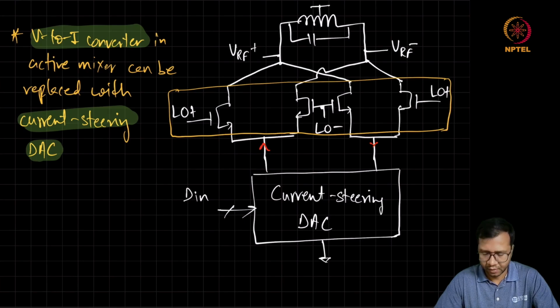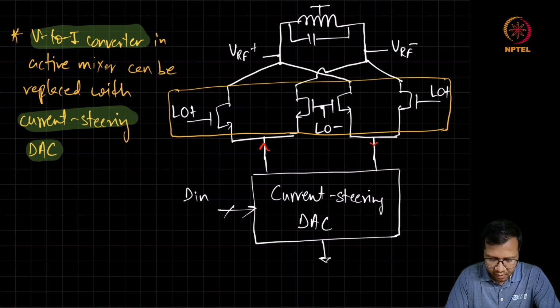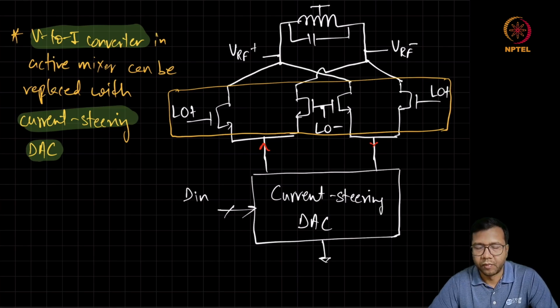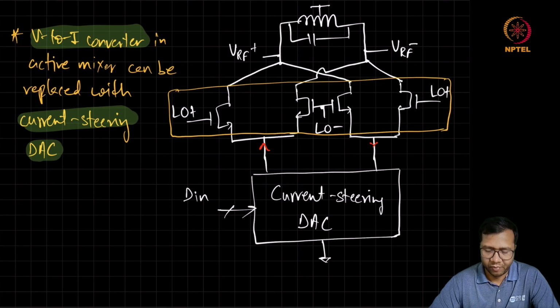So here we can see that this current steering DAC in place of the V2I converter in an active mixer effectively is doing the job of the DAC in the standard transmitter chain as well as the V2I converter in the active mixer.